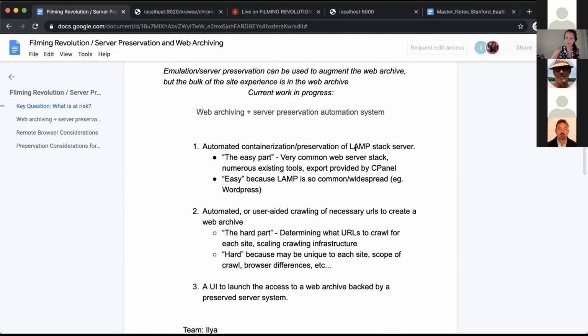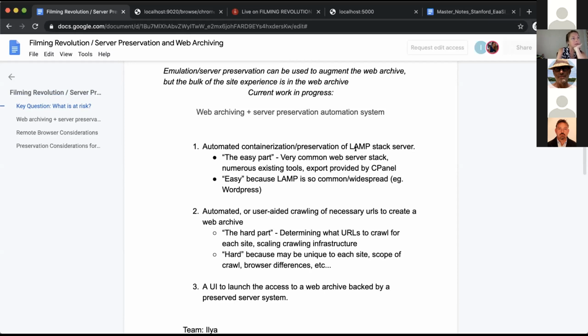Obviously there are variations, but it's definitely doable because it's widespread software in use today, and so we could automatically have a workflow that takes the LAMP stack, puts it into, say, a Docker container, and makes it easily deployable in the cloud or in another system.